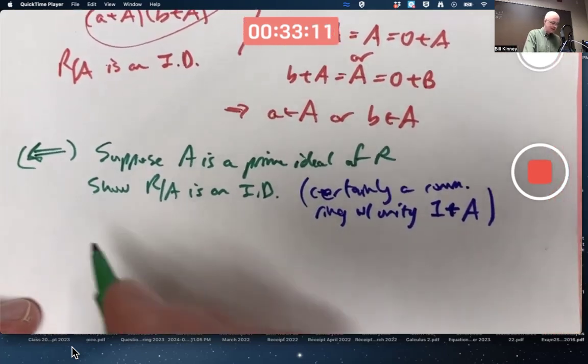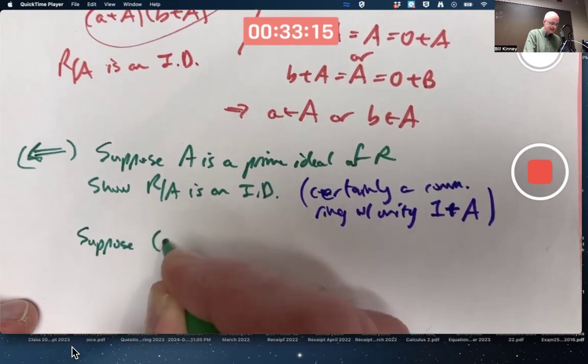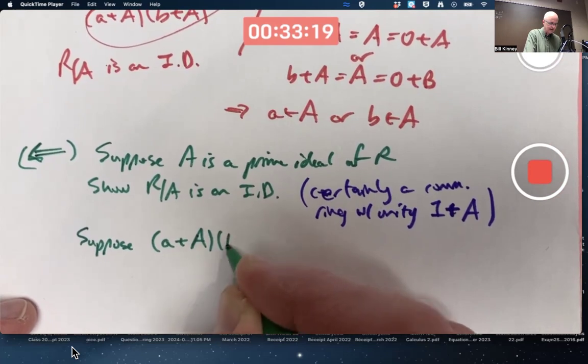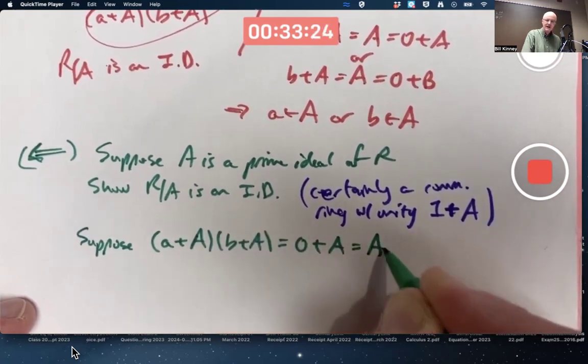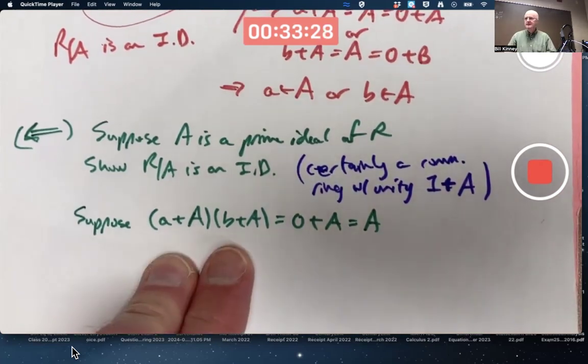So once again, suppose you've got the product of two things in the factor ring equaling the zero element, A itself, and show that one or the other of these is the zero element.